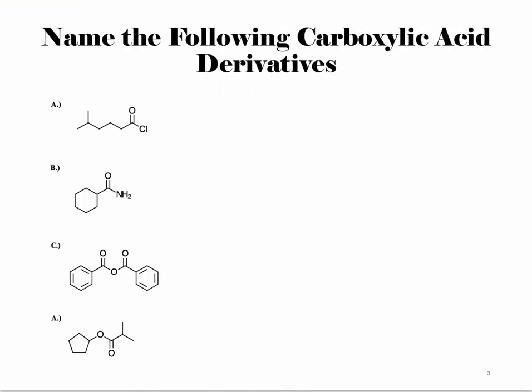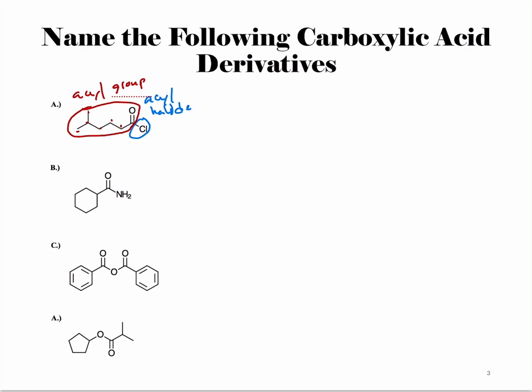So this first one, we see that here we have a halide. So this is going to be an acyl halide. The way that we named the acyl halides is we named the acyl group. And this is the acyl group here, and this is 1, 2, 3, 4, 5, 6.